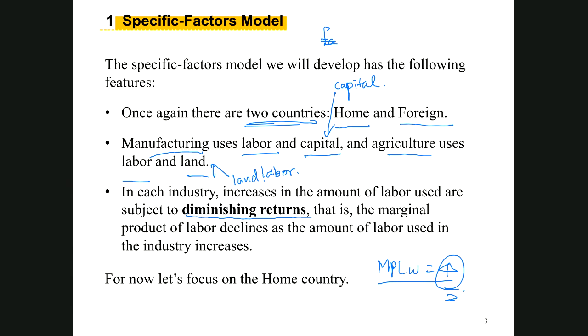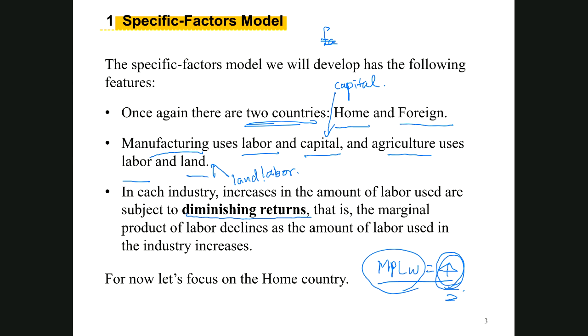For example, in the home country in the previous chapter, in the Ricardian model, we assume that if you hire one more hour of labor, your marginal productivity is equal to 4. And this is going to be fixed all the time.